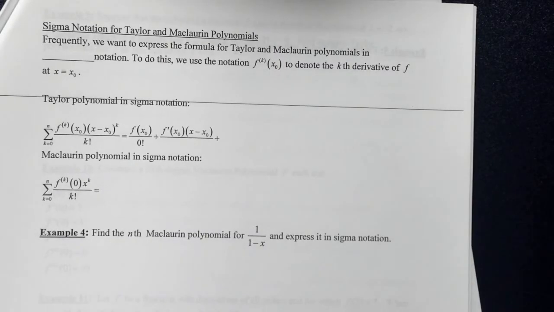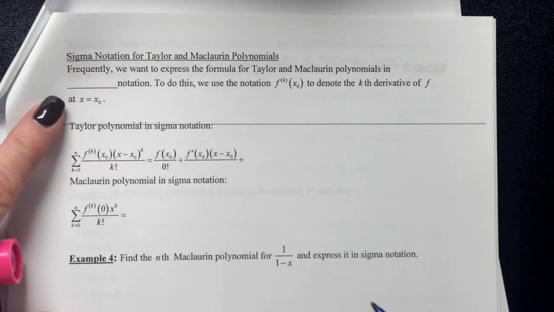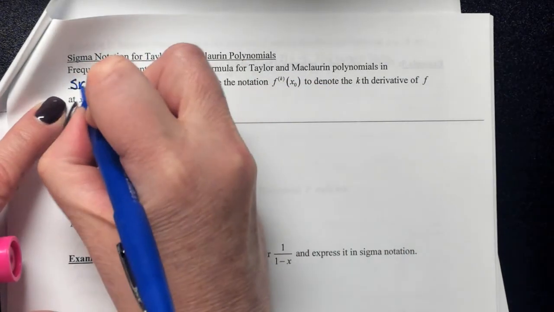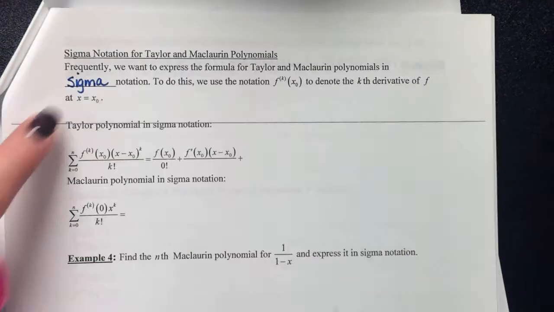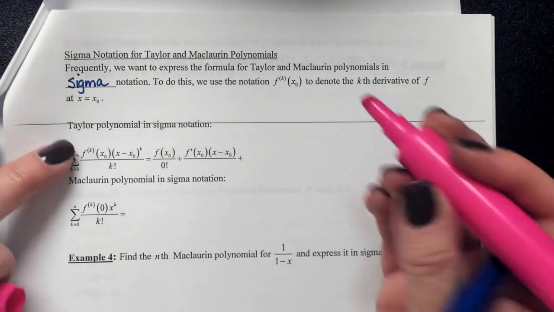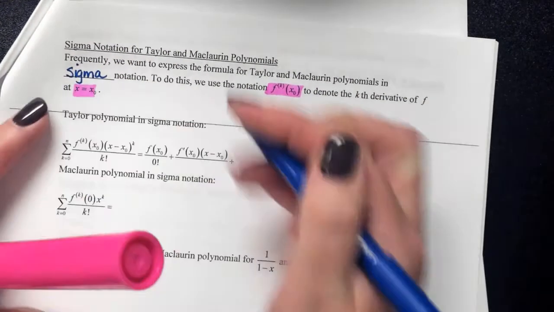All right, let's take a look at sigma notation. You knew sigma was going to come back. So a lot of times we'll express the formula for Taylor and Maclaurin polynomials in sigma notation. In order to use the sigma notation, you're going to have to find the general term.